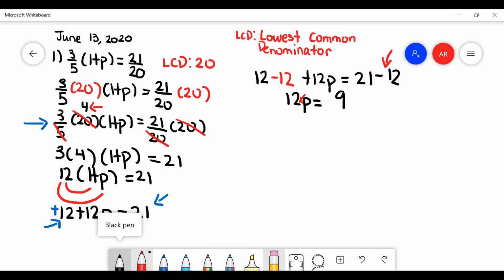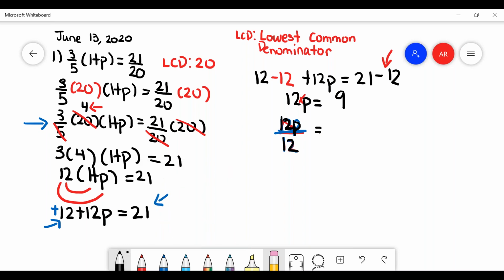So taking this, 12p over 12, I am doing this divided by 12, 12p divided by 12, simply to get rid of the 12, which is attached to the p. So we have divided the left side by 12.